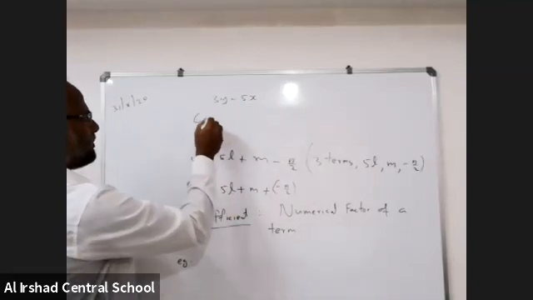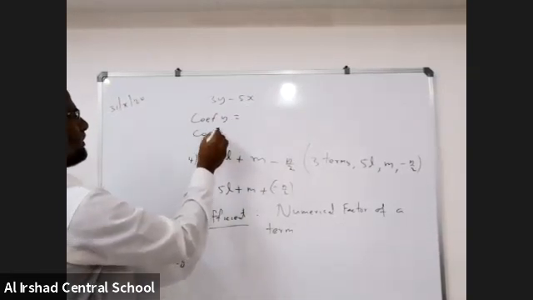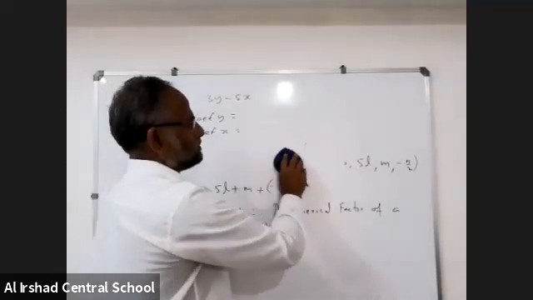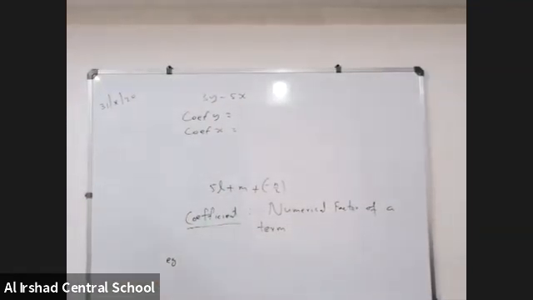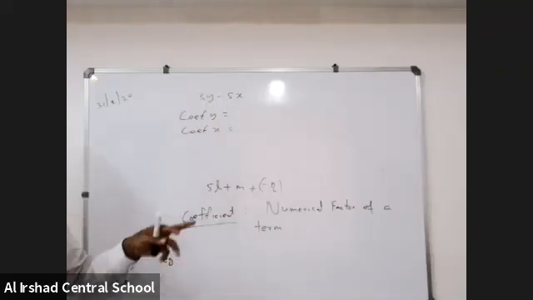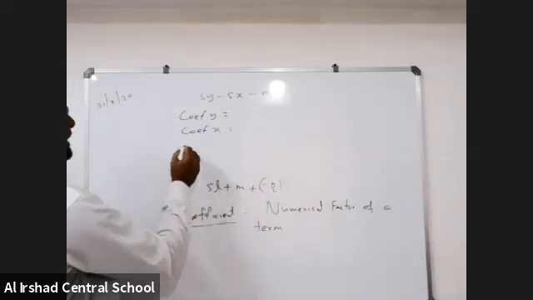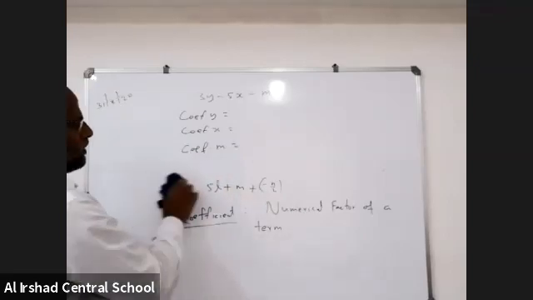Write the coefficient of y, coefficient of x. What is coefficient of y? 3y minus 5x, coefficient of y is 3. Now minus m, I need the coefficient of m also. All of you complete the coefficients.